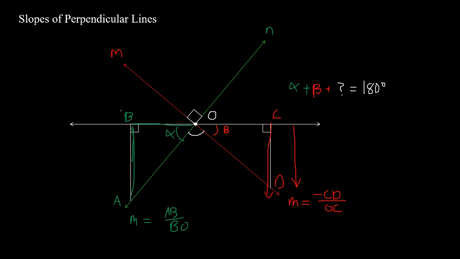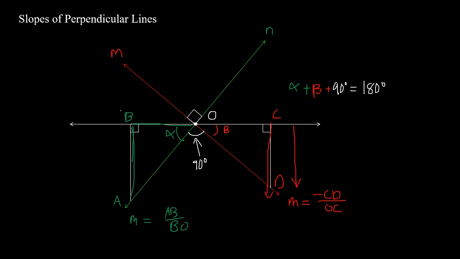And by the way, this white unknown angle is actually going to be equal to 90 degrees, because these are perpendicular lines. So that's why this is actually 90 degrees, but it doesn't really matter, at least for now. Actually, no, it does matter. I'll change this question mark to 90 degrees. So alpha plus beta plus 90 degrees is going to be equal to 180 degrees.